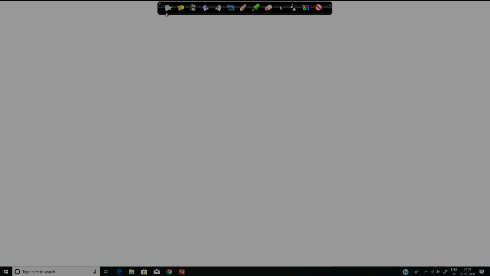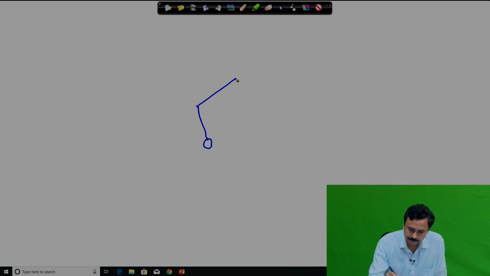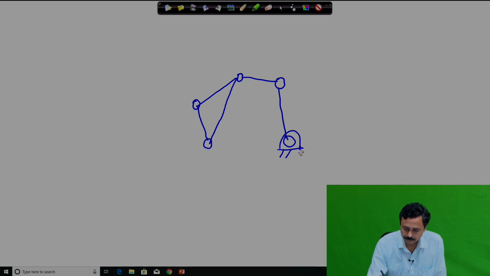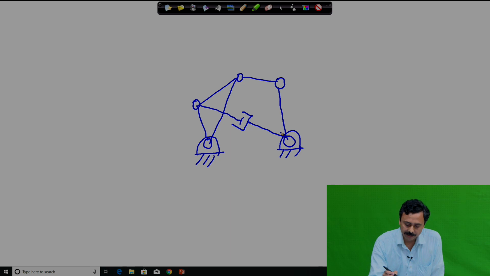Here I would like to take a concrete example. You remember this example of the excavator, in which we had this kind of mechanism.